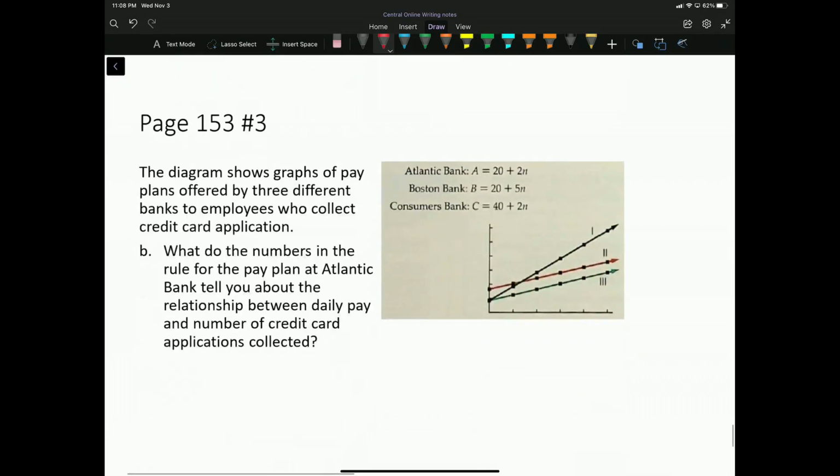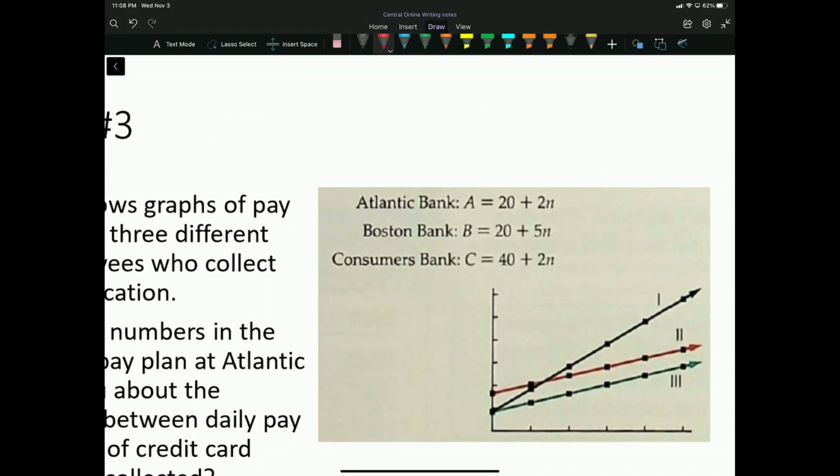All right, last one. What do the numbers in the rule for the pay of the Atlantic Bank tell you about the relationship between the daily pay and the number of credit card applications collected? So we look at just the Atlantic one. We're just looking at this bank right here. So remember the numbers tell us, this 20 would be our pay with no application sold.